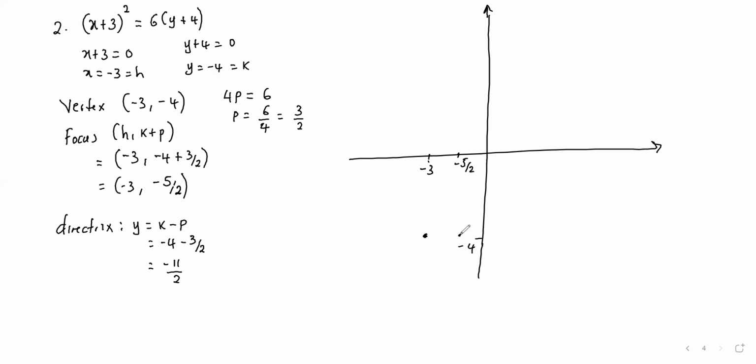So where there is x, we put 0. So I'm going to have 0 plus 3 squared equal to 6y plus 24. Okay, that is 9 minus 24 is equal to 6y.